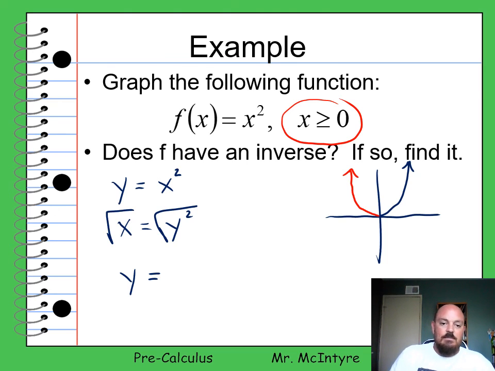So basically what I'm getting for my answer here is plus or minus square root of x. The positive square root of x is the inverse of the blue graph, and the negative square root of x is the inverse of the red graph. So since we are using the blue graph, my answer would just be y equals square root of x.